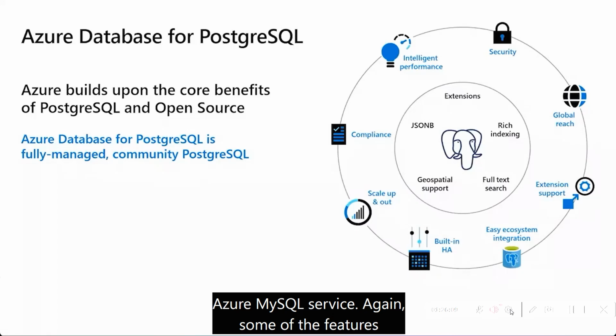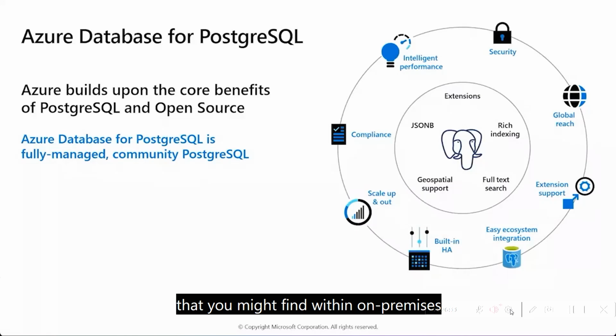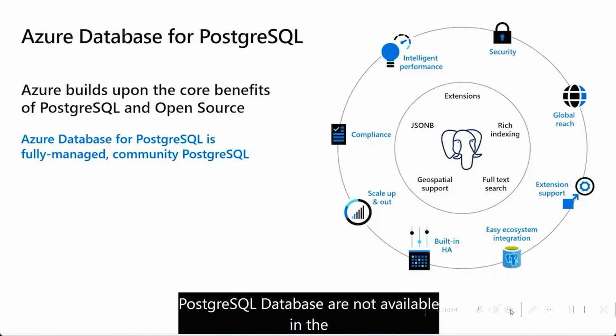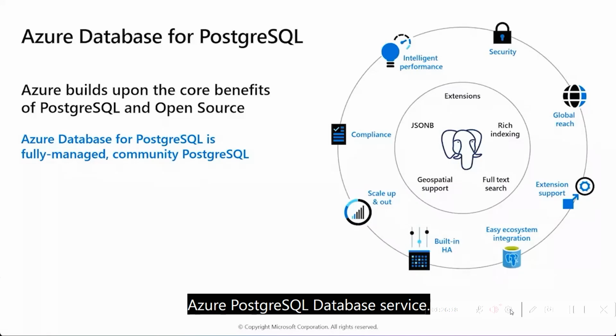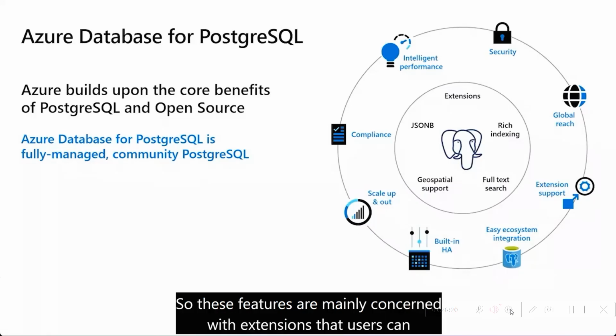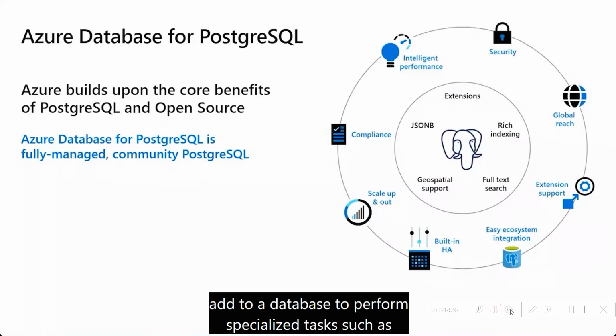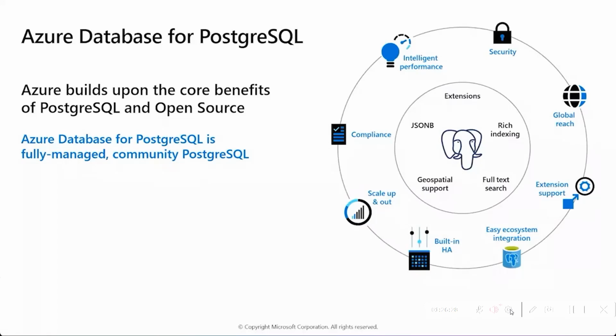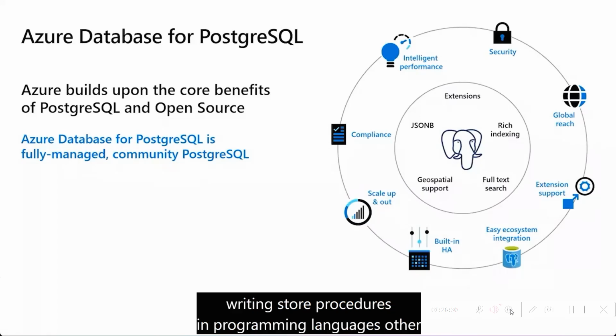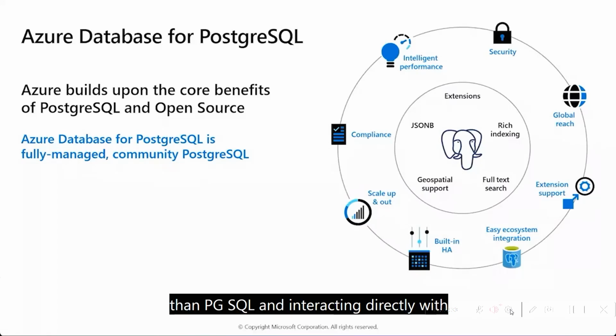Again, some of the features that you might find within an on-premises PostgreSQL database are not available in the Azure PostgreSQL database service. These features are mainly concerned with extensions that users can add to a database to perform specialized tasks, such as writing stored procedures in programming languages other than PGSQL, and interacting directly with the operating system.